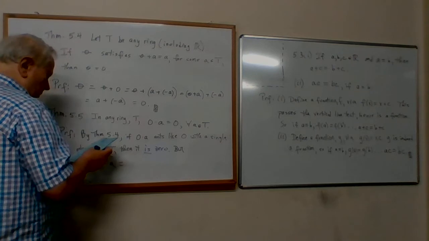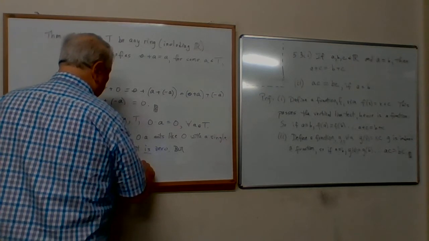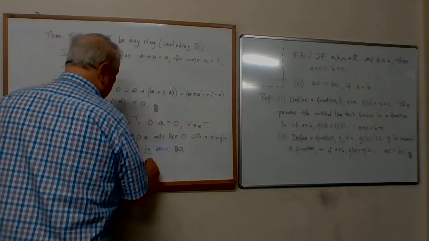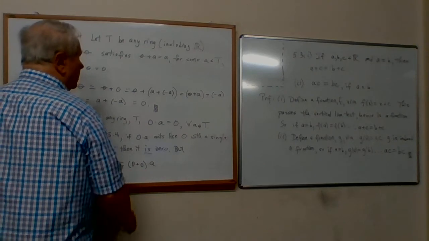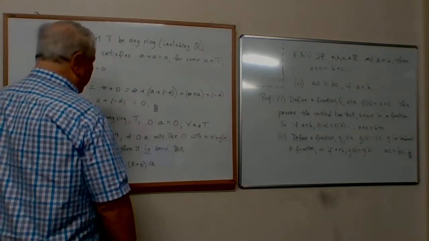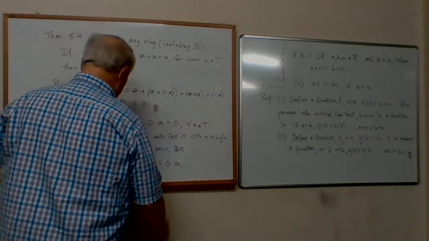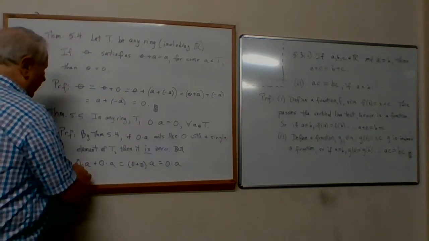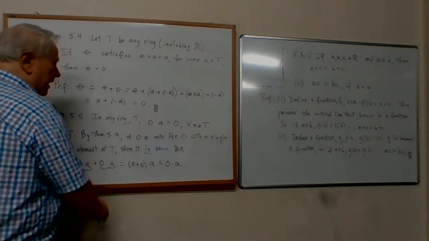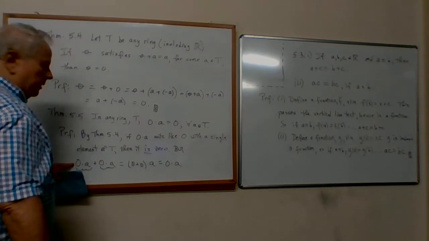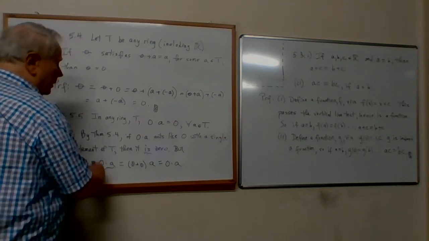This is equal to 0 plus 0 times A. But what's 0 plus 0? 0 added to anything is the anything, so 0 added to 0 is 0, so this is 0 times A. But notice what I've done. 0 times A plus 0 times A equals 0 times A, which means that this element, 0 times A, acts as 0 on a single element.